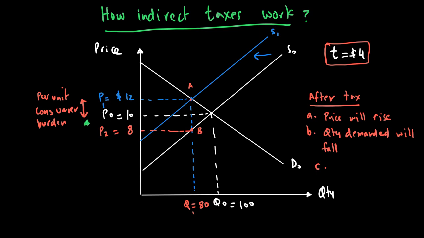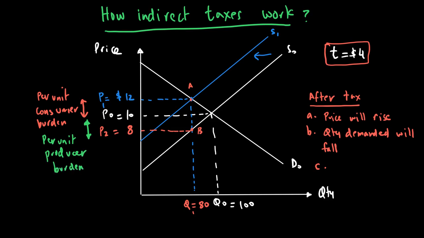And if you look at it from a producer perspective, the producer was getting $10 before, but now after tax the price goes to 12, and of the $12, 4 goes to the government, so 12 minus 4 is 8, and he's now getting 8. So from a producer's perspective, the per unit producer burden is also $2.